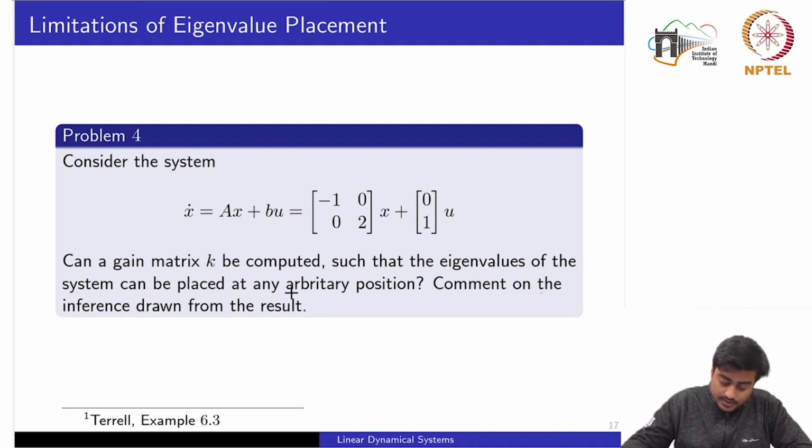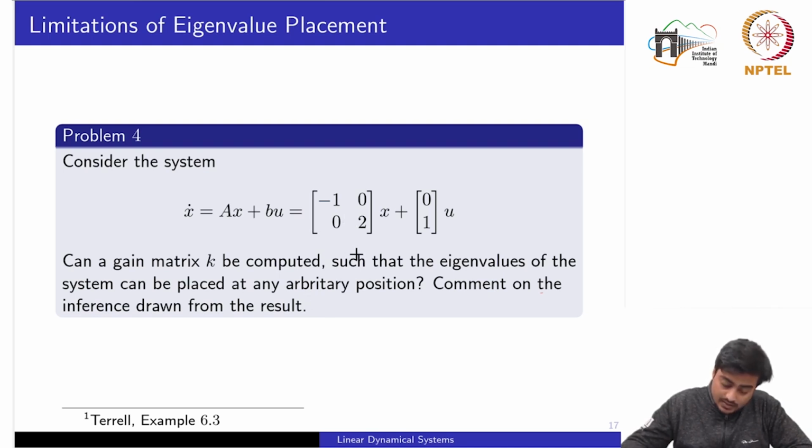This is a very important result which we had discussed during the lecture slides. Here we only need to show controllability, whether the system is controllable, because if the system is controllable, then we can place the eigenvalues of the system at any arbitrary position.